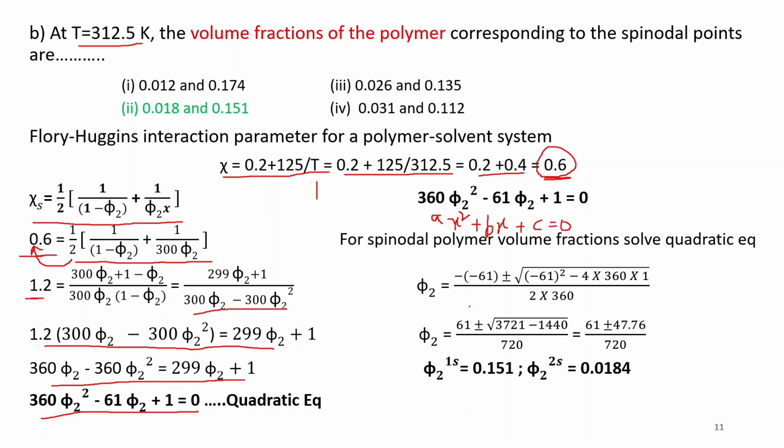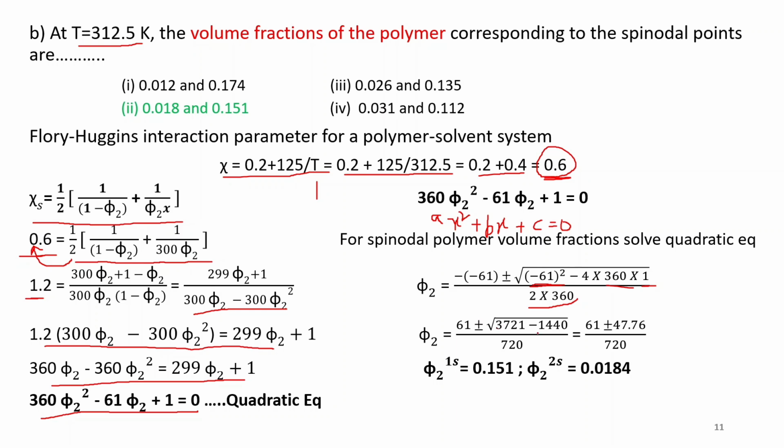So we are putting the b first, minus b, so minus 61 plus minus under root b square, which is minus 61 square, minus 4ac, minus 4 into a, which is 360, into c, which is 1, divided by 2a, which is 2 into 360.